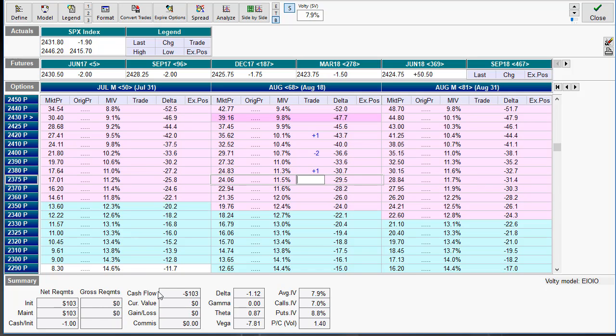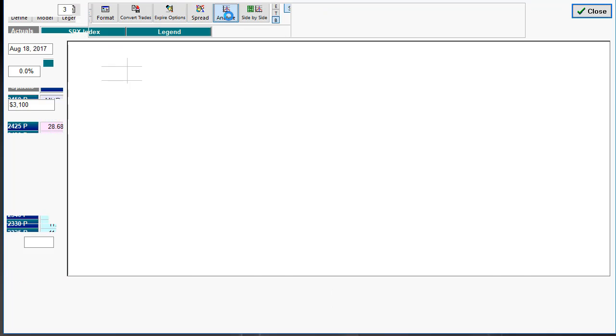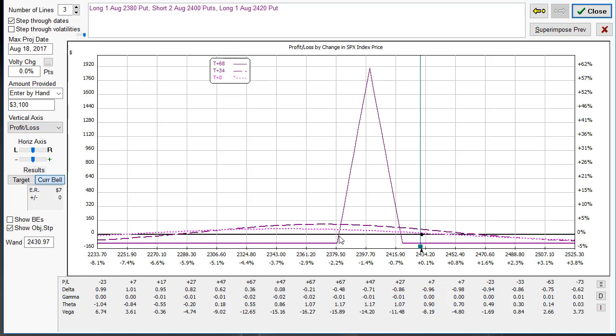That's a very narrow, tight butterfly. It's got $103. That's all it's going to cost me. We have to stay within a very tight, narrow range for a very long period of time to capture profits.